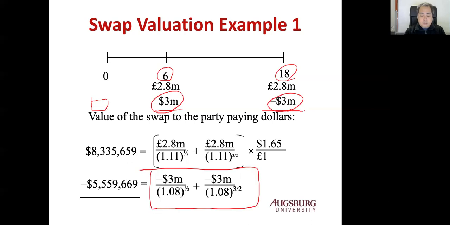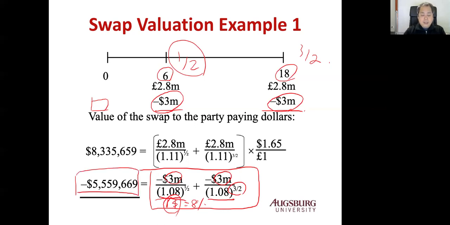Because this is in dollars, you have to use the dollar interest rate, which is 8%. So 3 million plus 3 million, divided by 1.08 to the power of a half for 6 months later, and 1.08 to the power of 1.5 for 18 months later. Get the present value, and it will be negative $5,005,559. That's the cost, that's the payment.